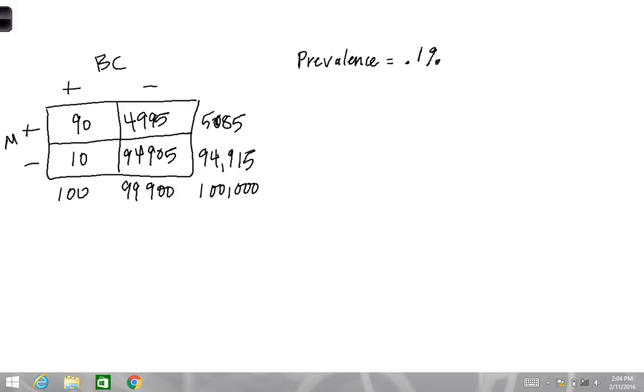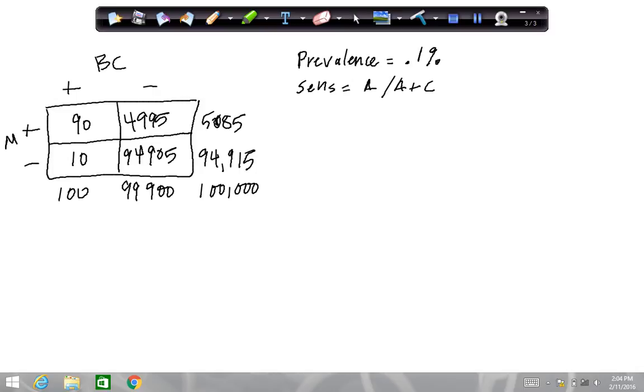So next we want to calculate our sensitivity, and I'll just put SENS for sensitivity, and that is going to be A over A plus C. Now, let's go ahead and put some labels on our table here. So we're going to say A, B, C, and D.